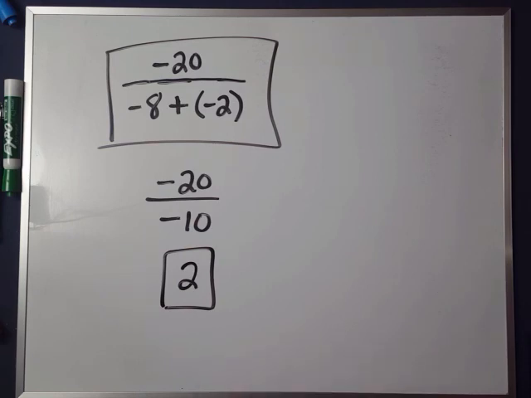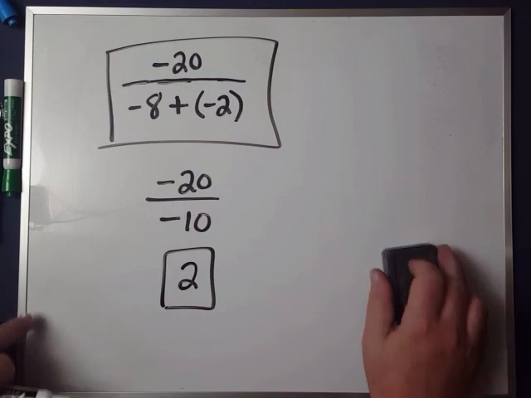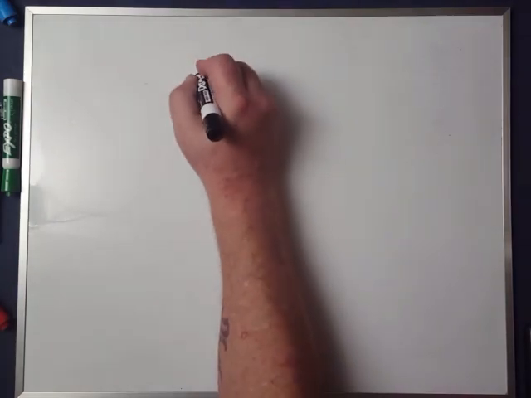Let's try number 108. Number 108. The sum of negative 18 and negative 6, comma, divided by the product of 2 and negative 4. Take it a piece at a time. The sum, all right?